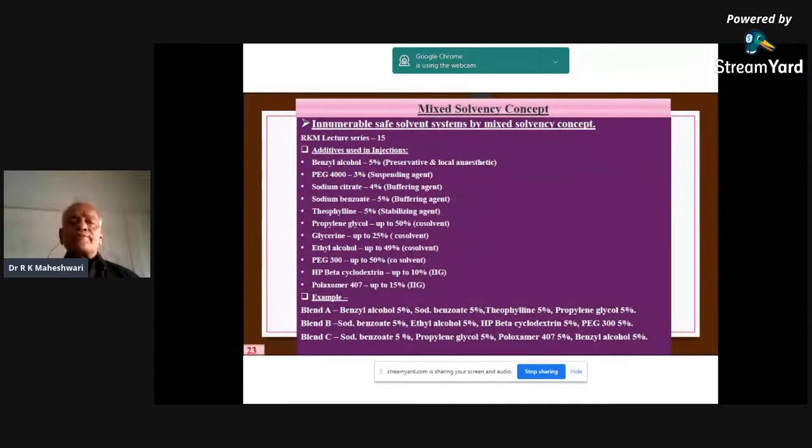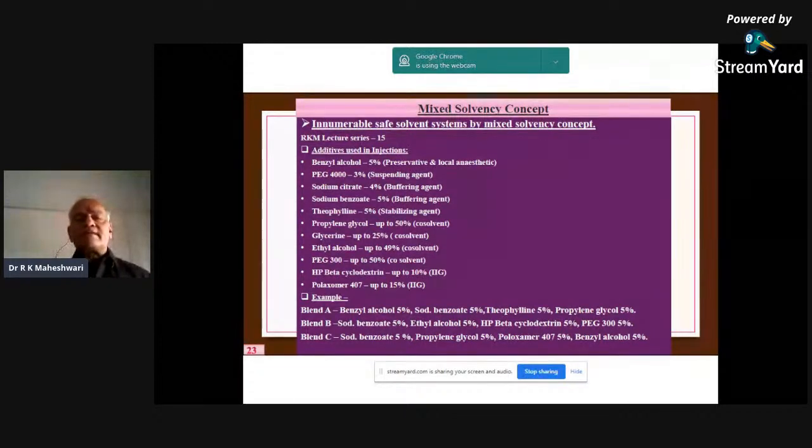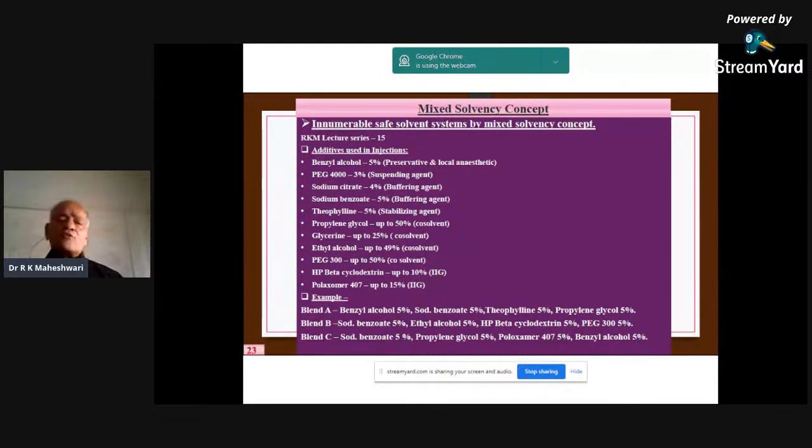Another additive, PEG 4000, which is solid, 3% as a suspending agent; sodium citrate 4% as a buffering agent for injections; sodium benzoate 5% as a buffering agent for injection; theophylline 5% as a stabilizing agent against precipitation; propylene glycol up to 50% as co-solvent; glycerine up to 25% as co-solvent. These are all additives.